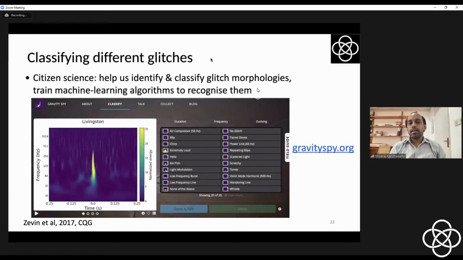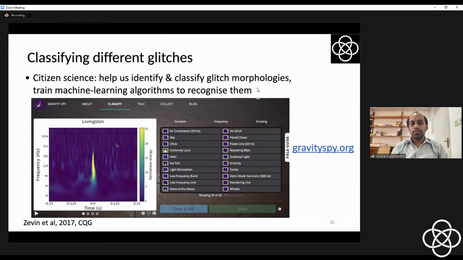So as I mentioned, classifying glitches is the first step in removing the glitches. There are many different ways we are trying to achieve this. We are using machine learning tools, but also getting help from the citizens.